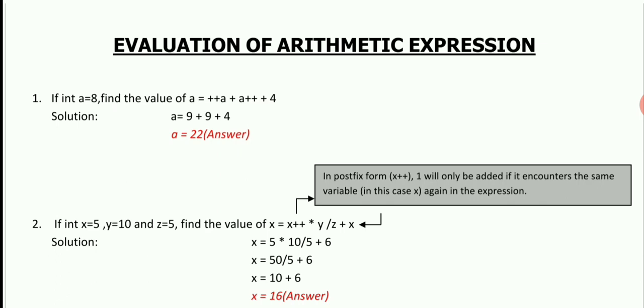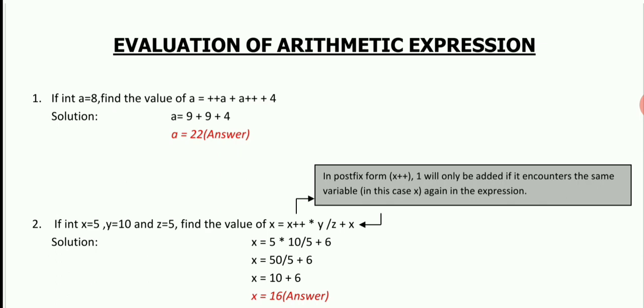Since we have ++a and the initial value of a is equal to 8, it increments the value first. So 8 plus 1 will give you 9, plus 9. The value will not increment out here in the beginning, that is, the value will remain the same, that is 9.